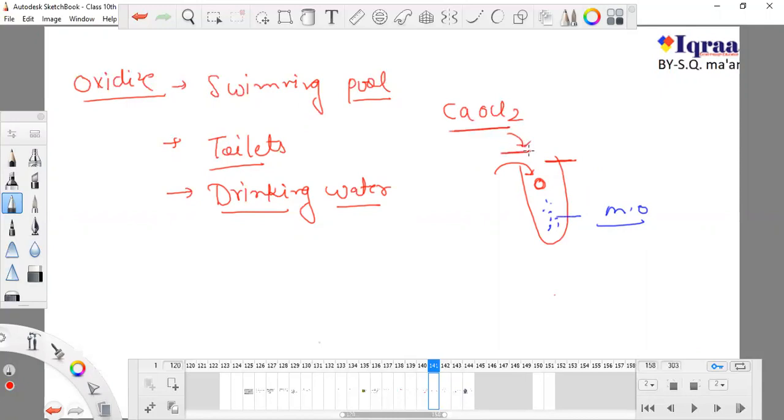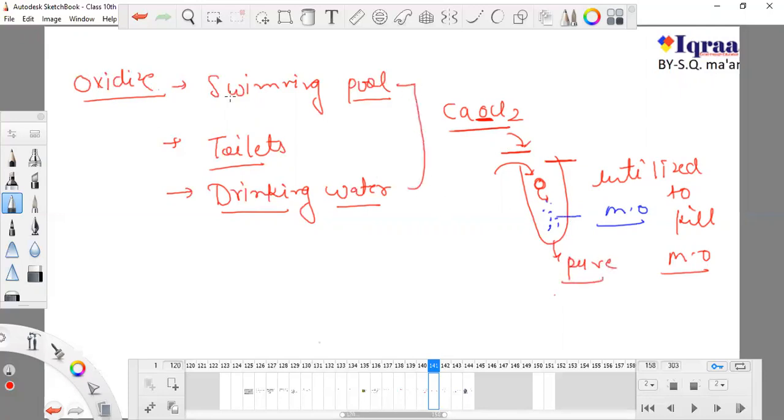It will release its oxygen, and this oxygen will kill all microorganisms, and the water will become very pure.